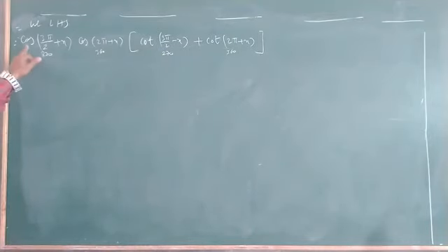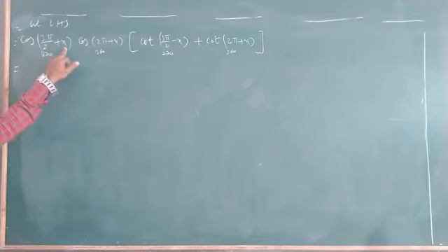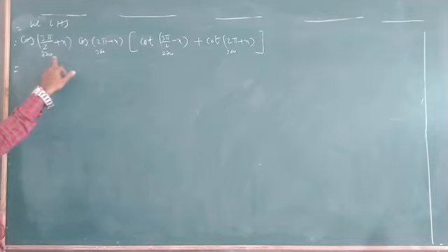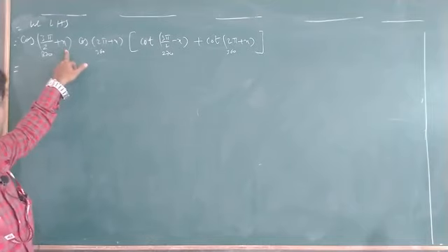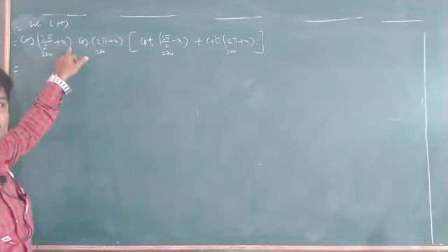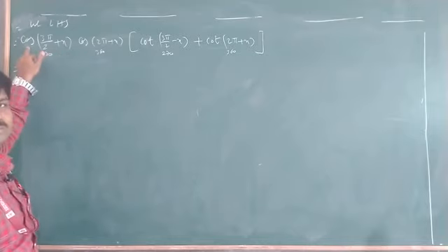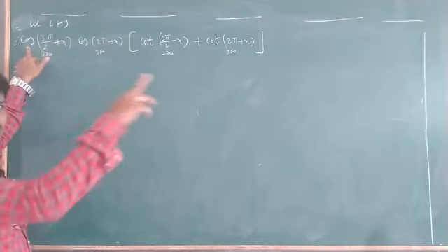Just observe here, cos(270 + x), where x means theta. So cos(270 + θ). In which quadrant does 270 + θ lie? The fourth quadrant. In the fourth quadrant, cos is positive, as per the rule All Silver Tea Cups.